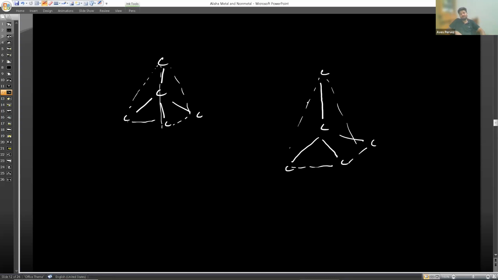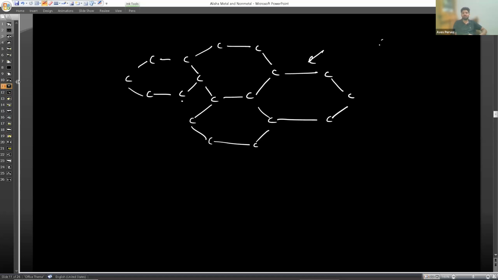So, these are two allotropes of carbon. This is diamond, and another one is graphite. They are all carbon atoms, but arranged in different patterns.